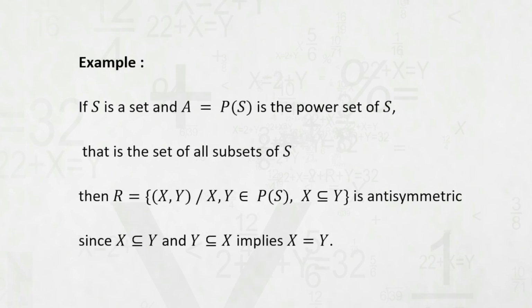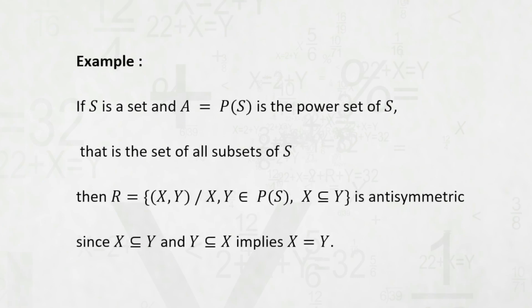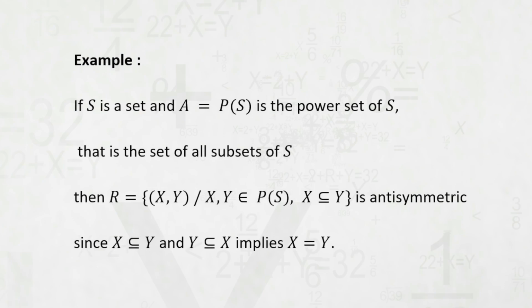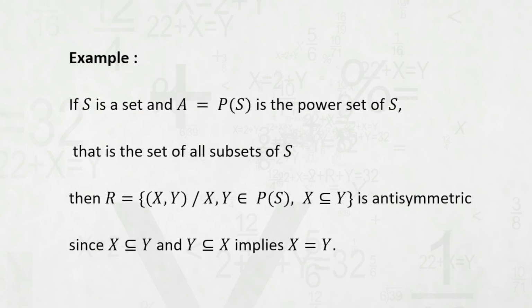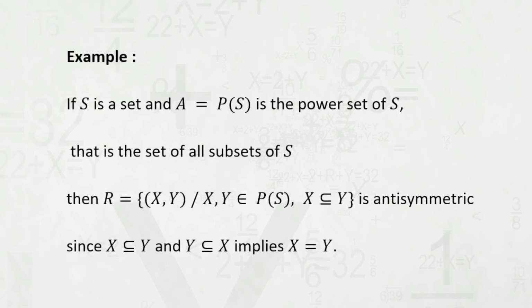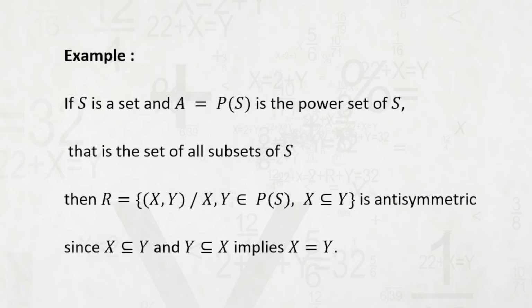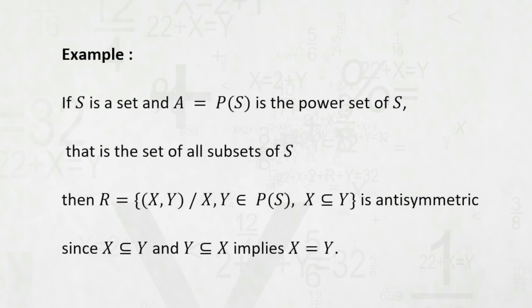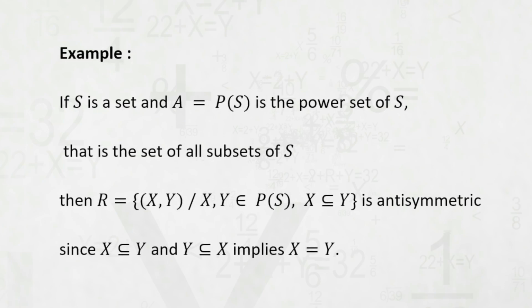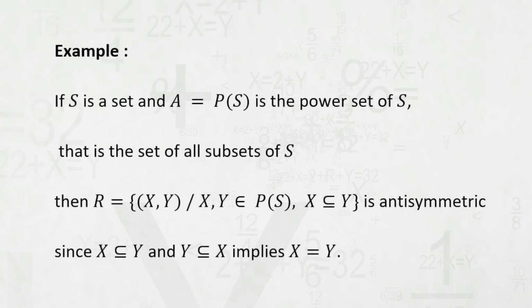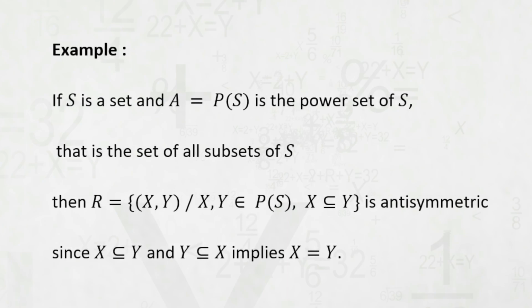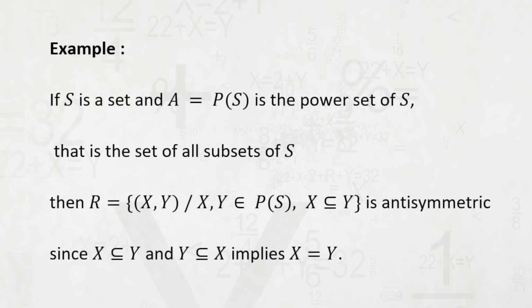Then R is equal to the set of all ordered pairs (x, y) such that x and y belong to the power set of S and x is a subset of y is antisymmetric, since x is a subset of y and y is a subset of x implies x is equal to y.